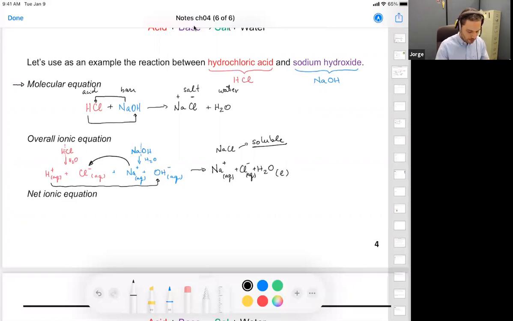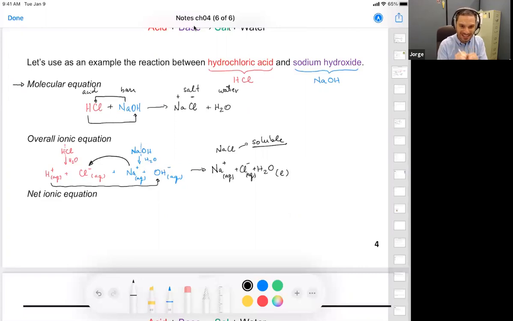Okay, so if you wrote the overall ionic equation, now the net ionic equation is super easy. So we are going to treat the overall ionic equation as a mathematical equation to write the net ionic equation. So that means if a compound shows up in the reagent and in the product side, we can cancel out. Okay?